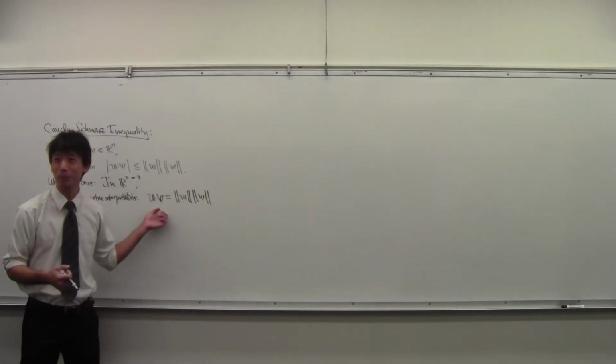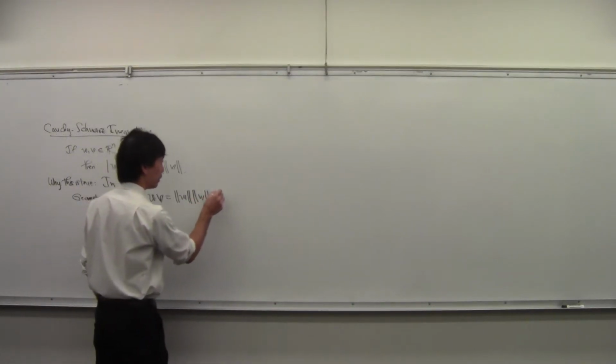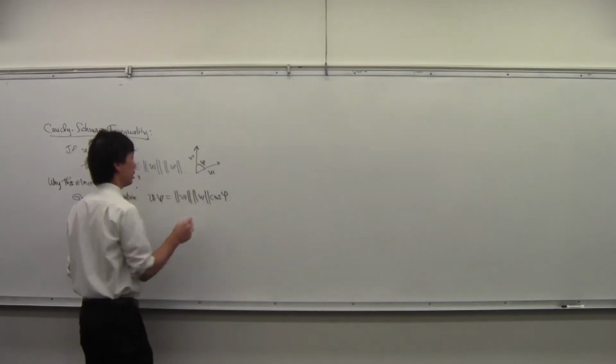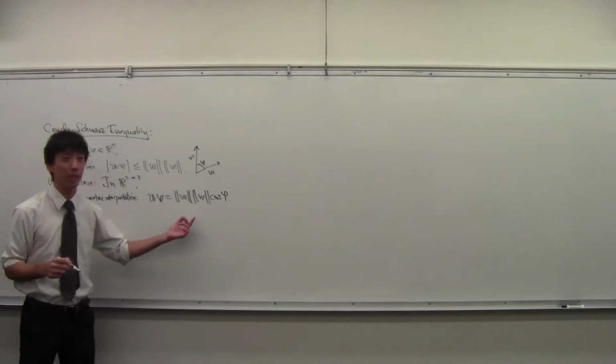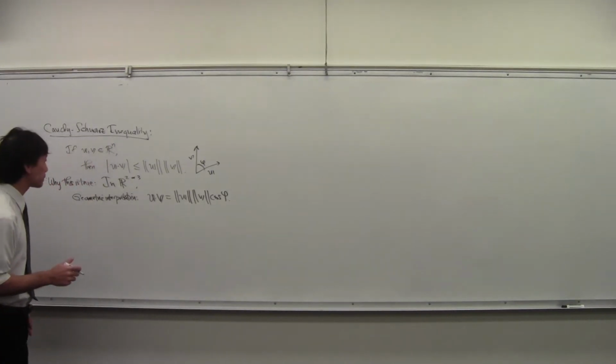Times what? The cosine of the angle between them, right? So you've got these 2 vectors, you've got some angle between them. The dot product actually has this meaning: the product of the magnitudes times the cosine of the angle between them, right?